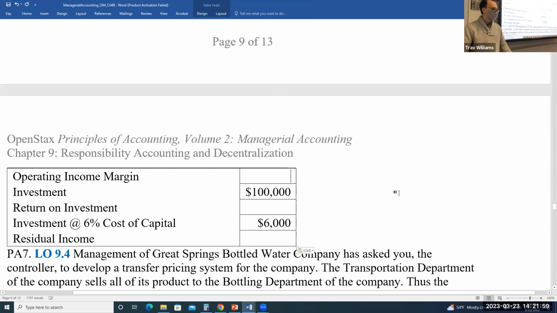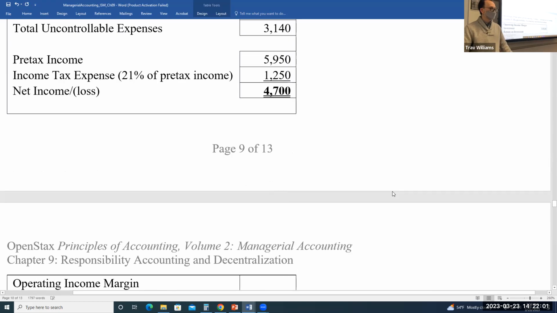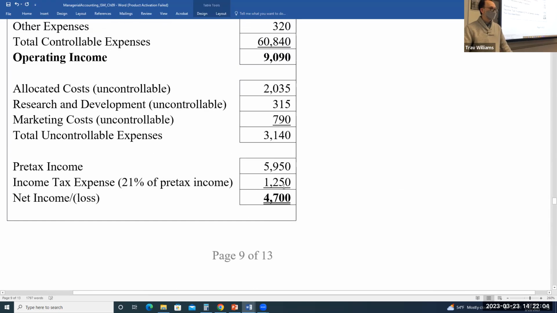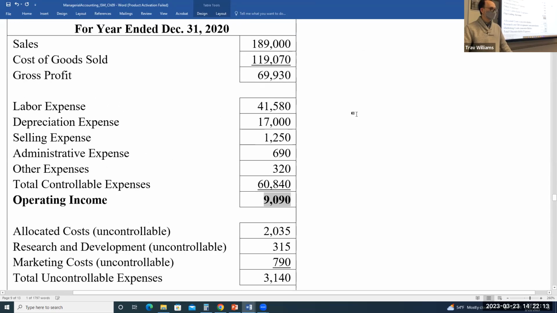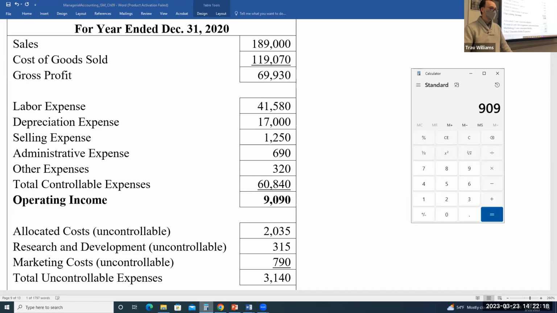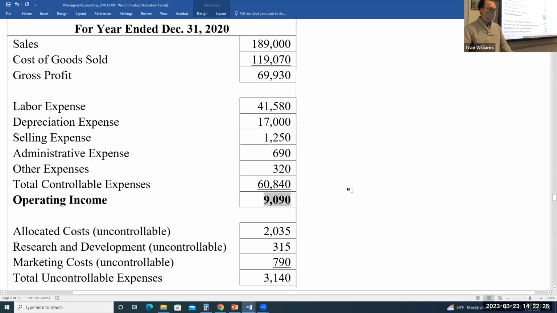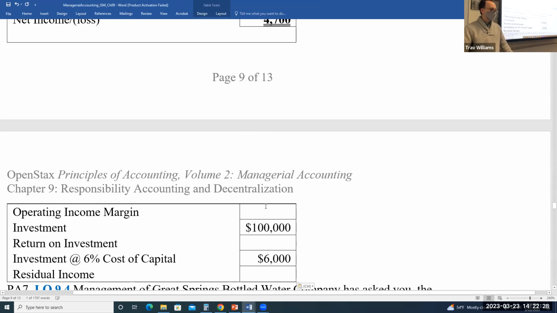But down here, our operating income margin, now instead of using the 4,700, we're using the 9,090, which does not include those uncontrollable costs. And again, we're dividing by sales. So 9,090 divided by sales. Now we have a 4.8% operating income margin, which is a lot better than the 2.5 we had previously.